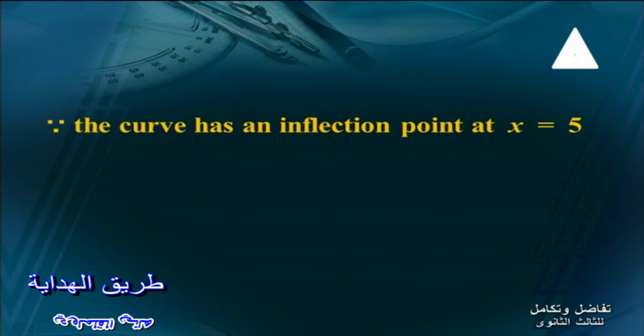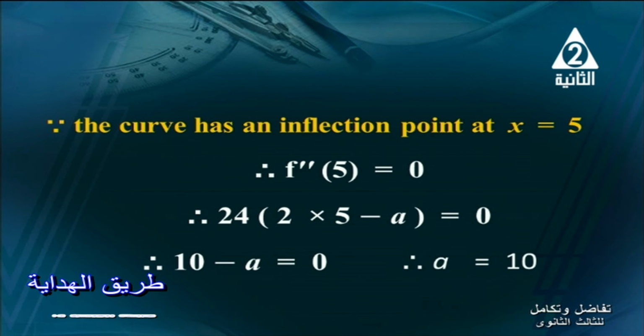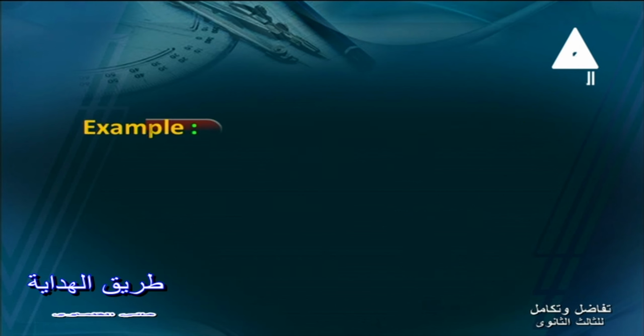Then f double dash x equals 0 when x equals 5, or f double dash 5 equals 0. 24 multiplied by (2x minus a) with x equals 5, so 24 times (2 times 5 minus a) equals 0. We get 10 minus a equals 0, and a equals 10.